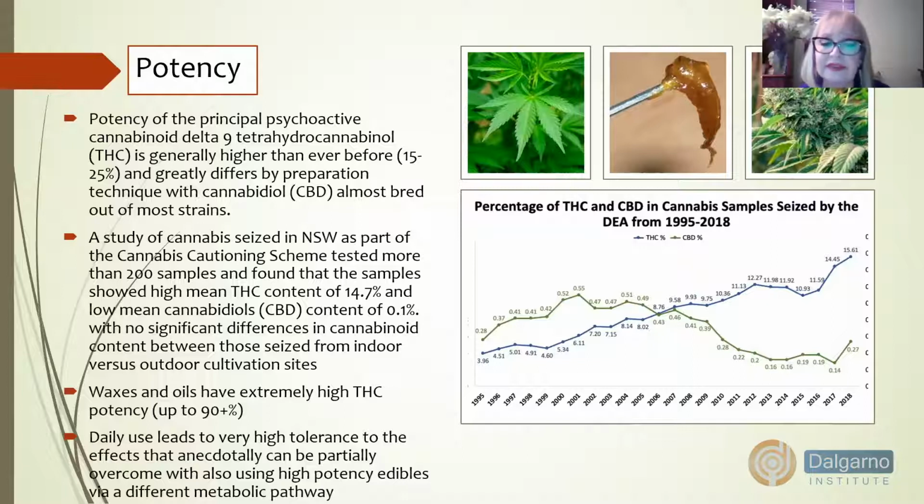Waxes and oils have extremely high potency, unbelievably more than 90%. It's pretty much pure THC that they can now extract. Daily use leads to very high tolerance to the effects. When I was in Colorado last year talking to people in the industry, they say that if you're dabbing every day, you just can't get high anymore from that method.